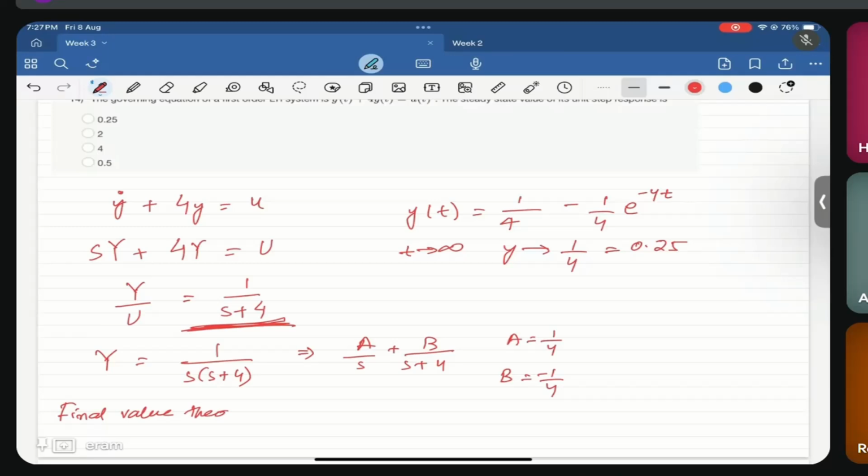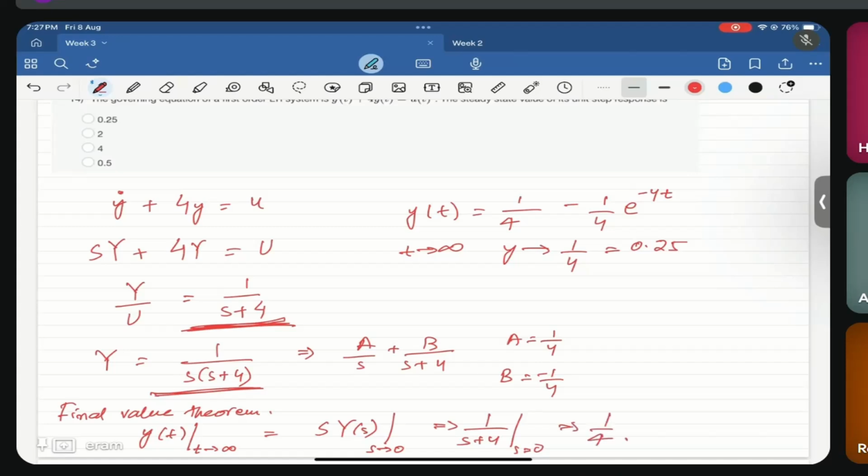So what was the final value theorem? The response y(t) as t goes to infinity can be given as the limit of s times Y(s) as s tends to 0. So in this case, Y(s) is this, and if we multiply it with s, it will be 1 by s plus 4. And if we put s equals 0, we are left with 1 by 4.